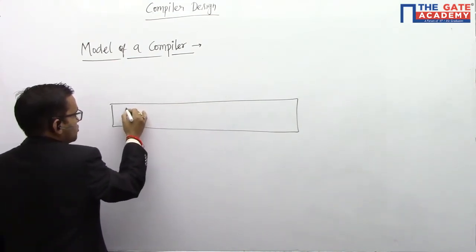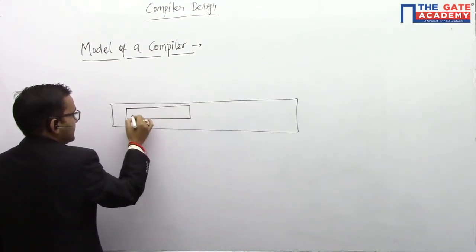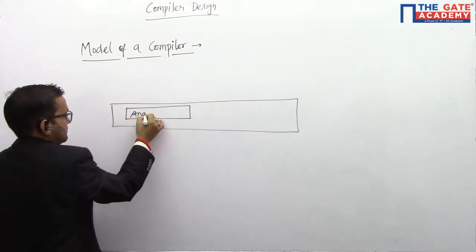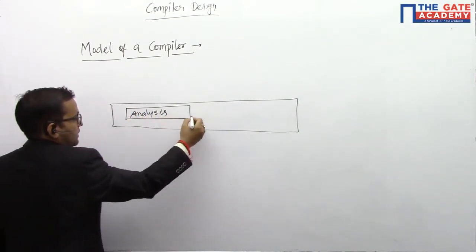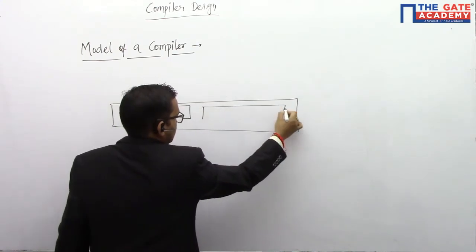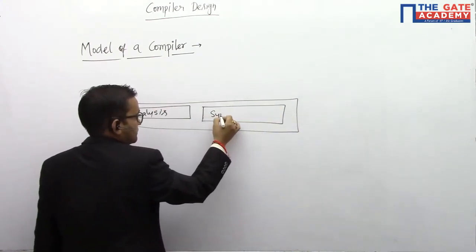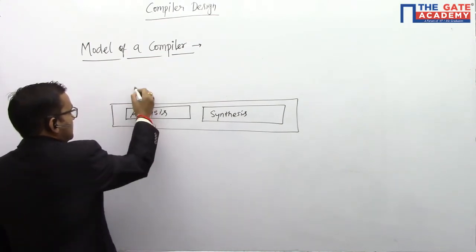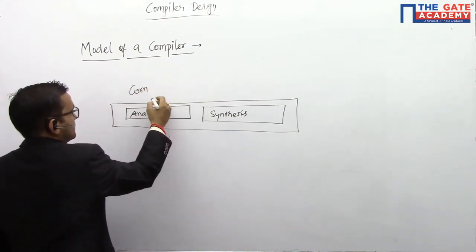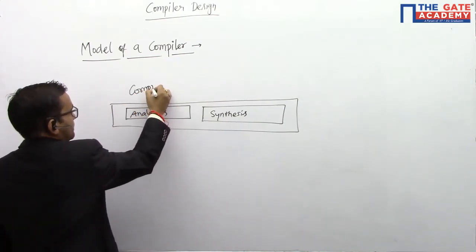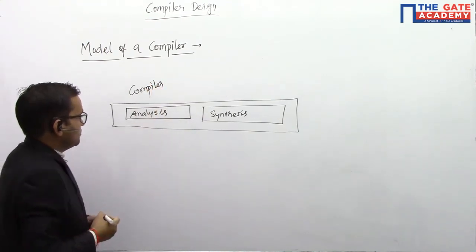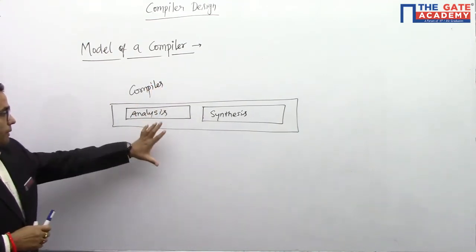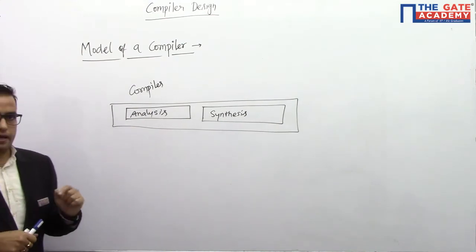Then it has two more modules inside, that is analysis and another is synthesis. This is analysis and synthesis model of a compiler. What is the meaning? I will tell you, just write down. This is your whole compiler, and the compiler inside it has two modules.